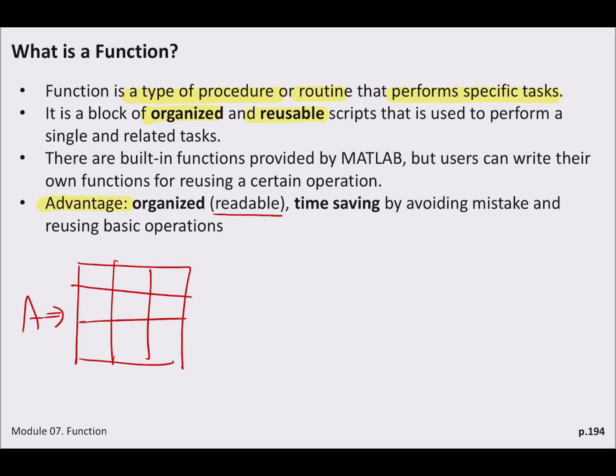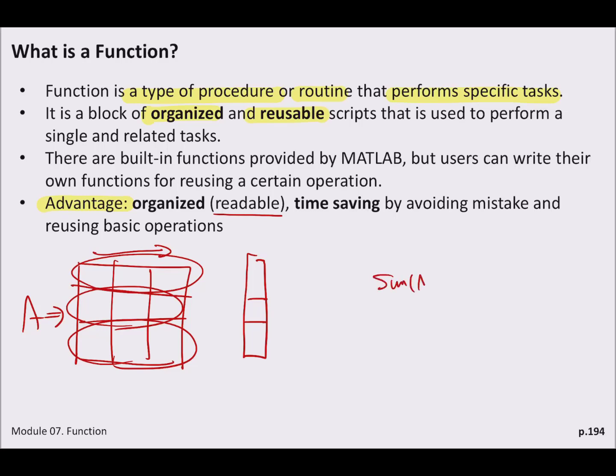So recall that, let's say there is a matrix. If you add all the elements in the horizontal direction, you need to initialize the loop, initialize the column vector, and then make a double loop structure, and then add all the elements of each row, right? Rather than this operation, you can simply write one line.